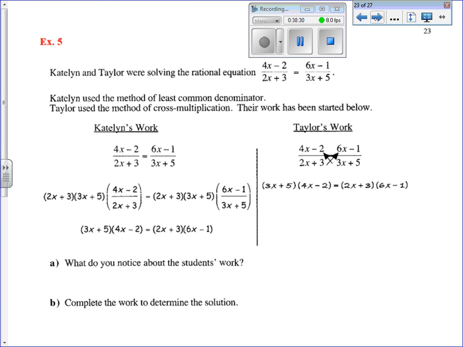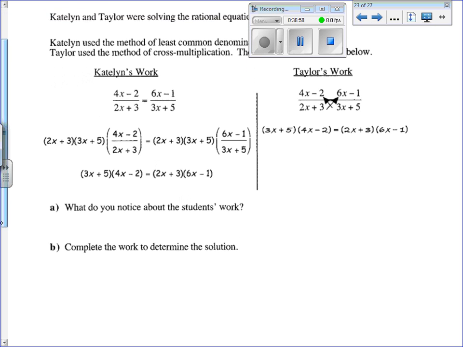Caitlin and Taylor were solving the rational equation 4x minus 2 divided by 2x plus 3 equals 6x minus 1 over 3x plus 5. Caitlin used the method of the least common denominator, which is the one we just did, where you're multiplying every term by every denominator. Taylor used a method of cross multiplication, and their work has been started below.